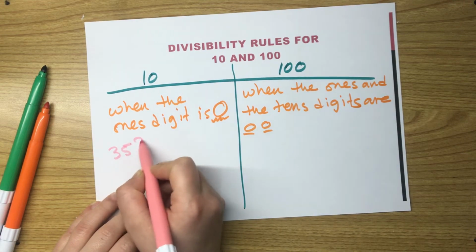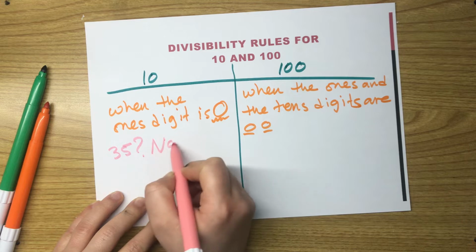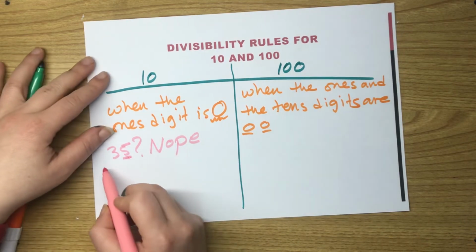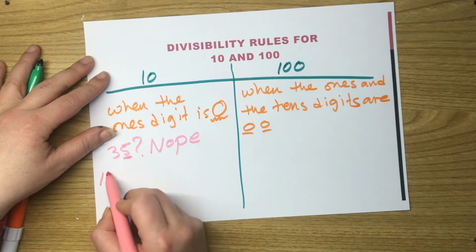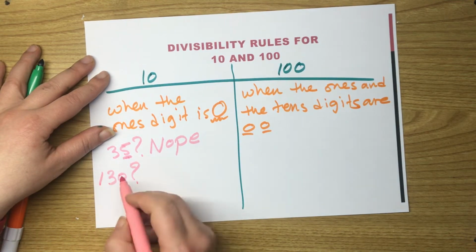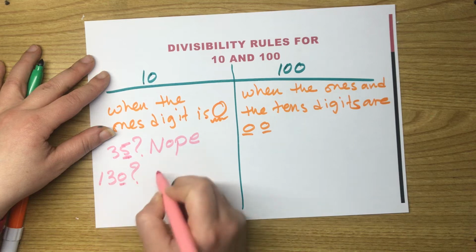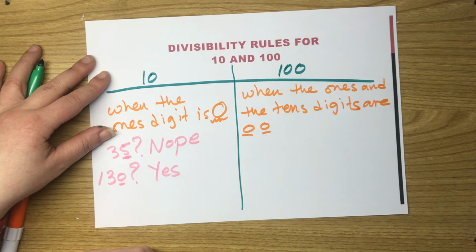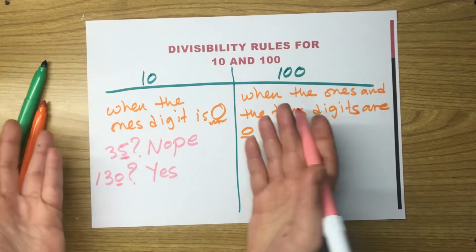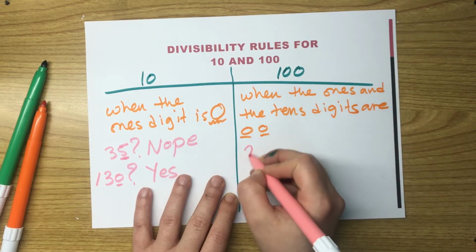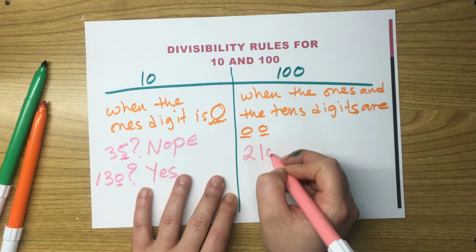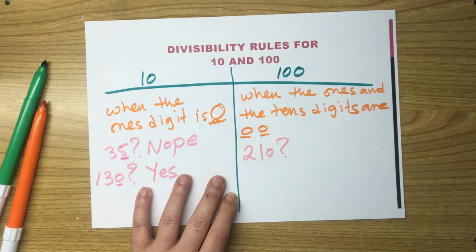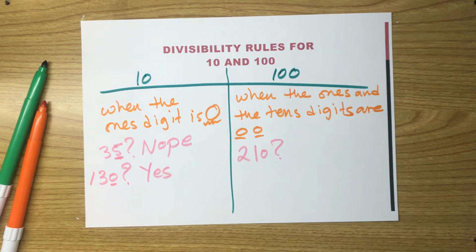Examples. Is 35 divisible by 10? Nope. Why? Because there is 5 in the ones digit. Is 130 divisible by 10? Yes, because there is a 0 in the ones digit. Is 210 divisible by 100?